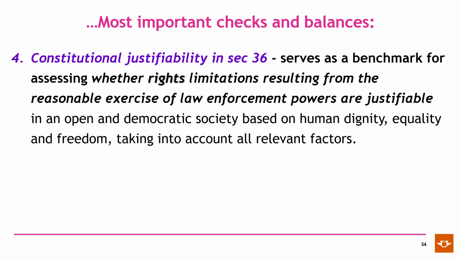Now, what we are discussing here is whether the limitation of rights as a result of the exercise of police functions, police powers, is justifiable in an open and democratic society based on human dignity, equality, and freedom, taking into account the relevant factors outlined in Section 36(1).